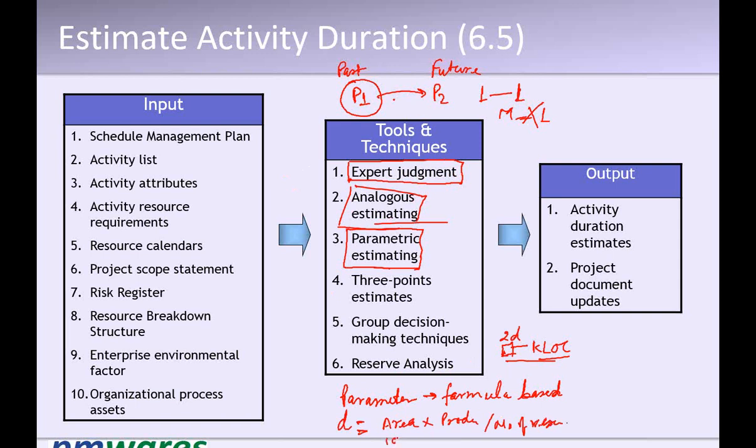So if area is 100 square feet and productivity is 1 square foot per person per day, and the number of people is 5, then it can be done in 20 days, right? Yeah. Correct. So this is one way of understanding how we can do the estimation.